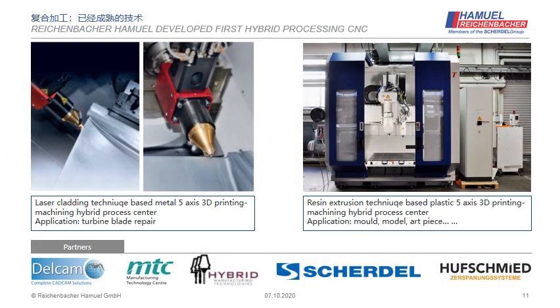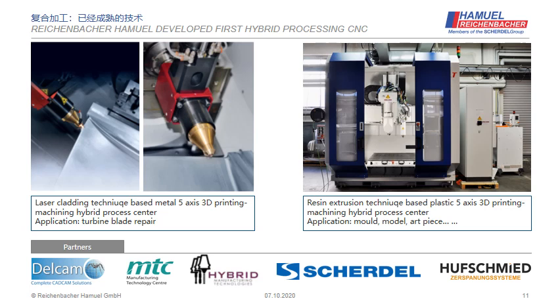And so I would say for this processing center, all this technique is well developed, and we developed the first so-called hybrid processing CNC. With it we have made a lot of tests with laser cladding combined with five-axis machining.